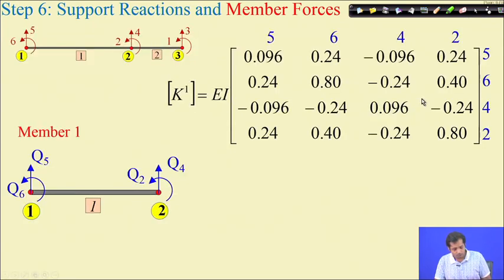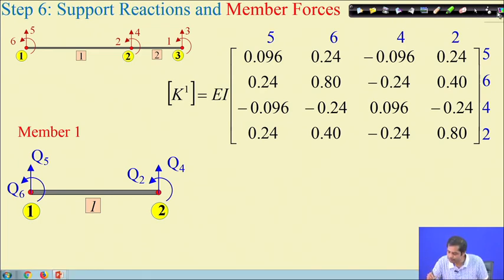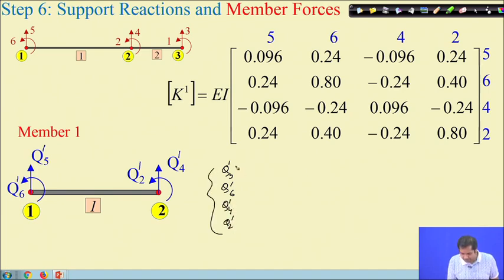Now, in order to do that, if you recall, this is member number 1 and this is the stiffness matrix for member number 1. So, what we will have is Q5, Q6, Q4 and Q2 for member number 1, and this entire thing will be this stiffness matrix K1 into the displacements.